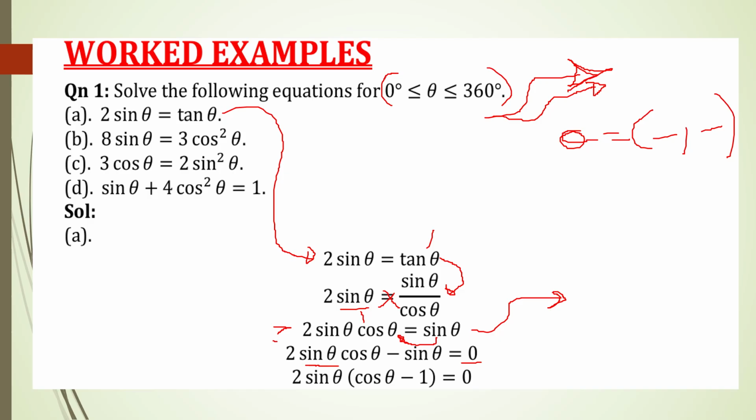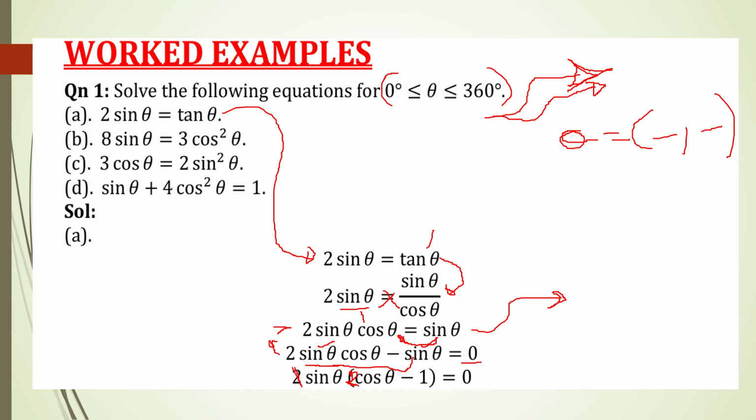If you look at this equation, you see that sin theta is common in this term and also common in this term. So you factorize it out. Once you do that, you end up with sin theta into 2 cos theta minus 1 equal to 0.